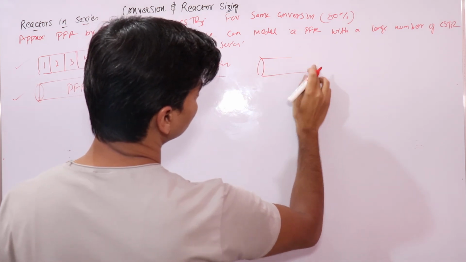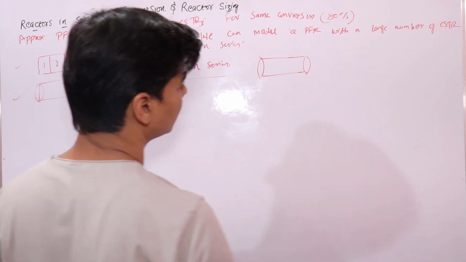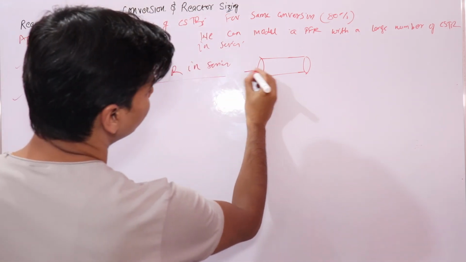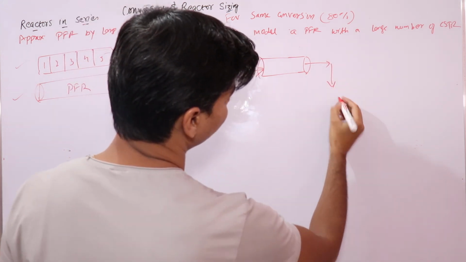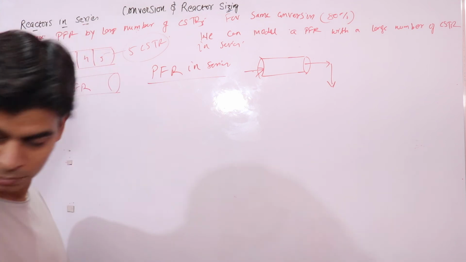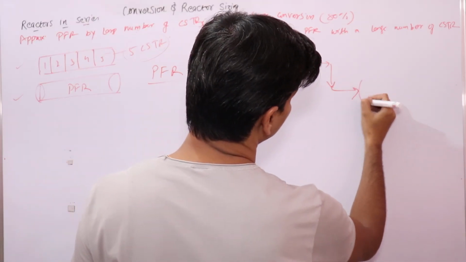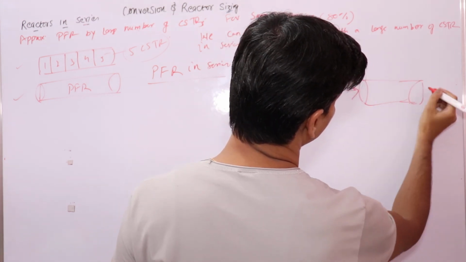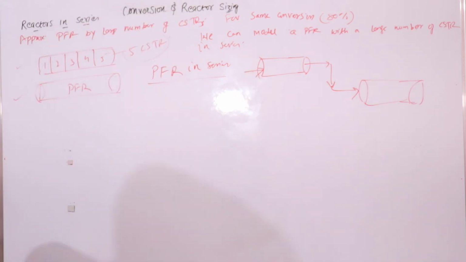You feed the first, then what is coming out of it goes into the other reactor. These are two PFR in series.